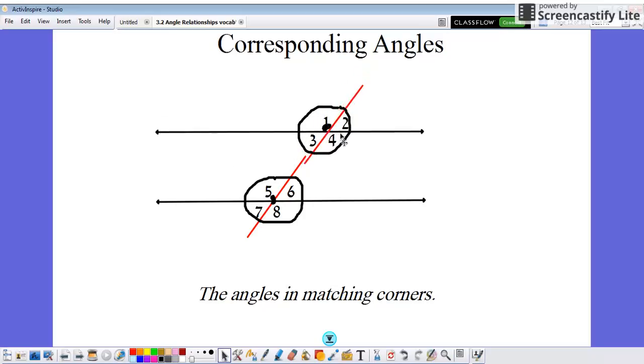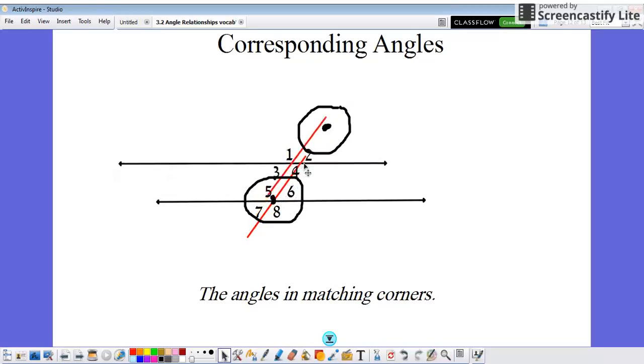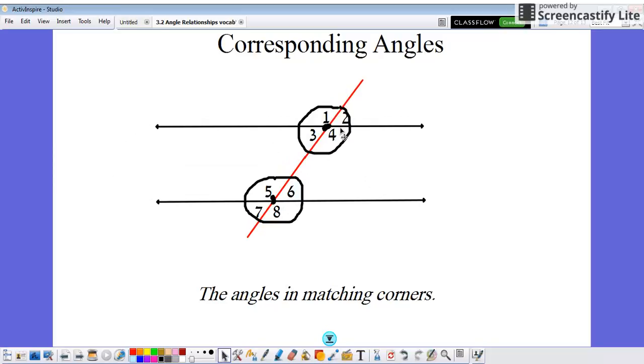I can almost see that these four angles would be let loose, and look how they lay exactly on top of the other. So that is corresponding. My notes say they have matching corners because angle 1 matches with 5, angle 3 matches with 7, 2 matches with 6, and 4 matches with 8.